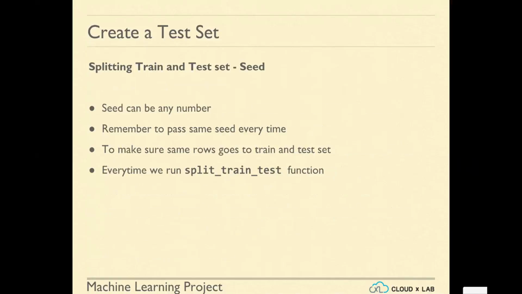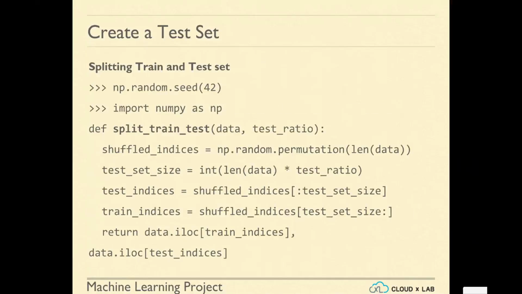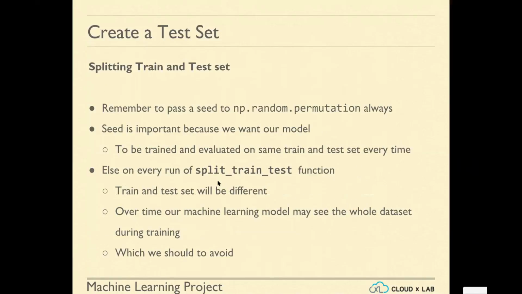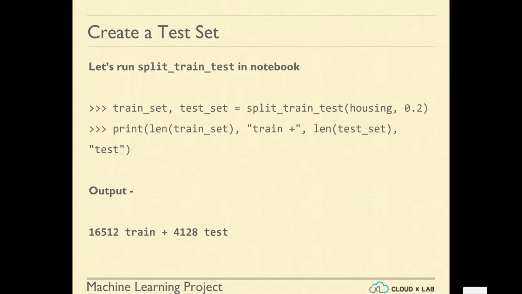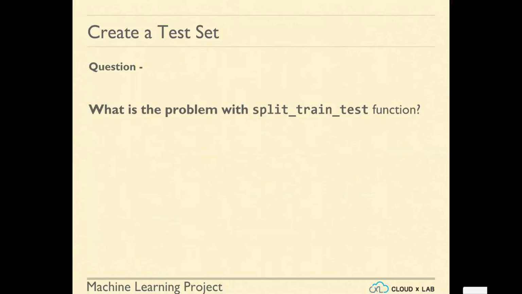The other thing we discussed here is that we are computing a random permutation of the data, and based on a test ratio, we are splitting the data into training and test. So we talked about the seed, then we ran the function and we were able to split.